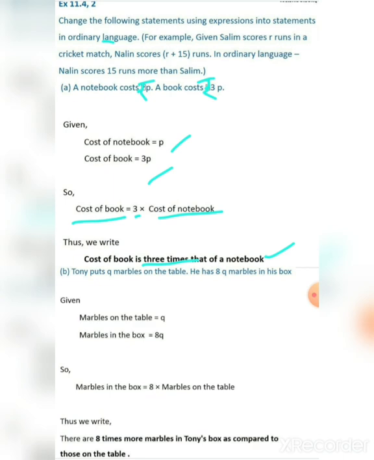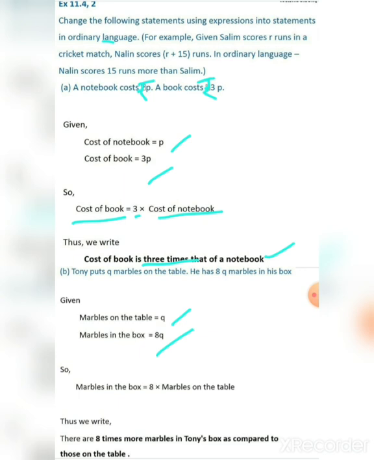Now moving to the next: Tommy puts Q marbles on the table. He has 8Q marbles in his box. Again we have to convert it into common language. So marbles on the table are Q and marbles in the box kept by Tommy are 8Q.